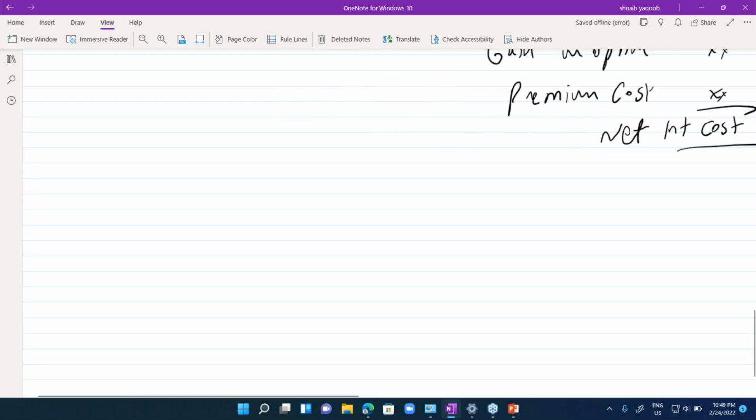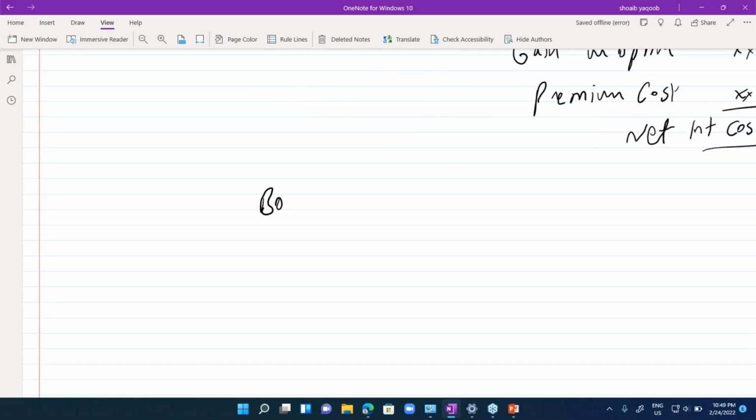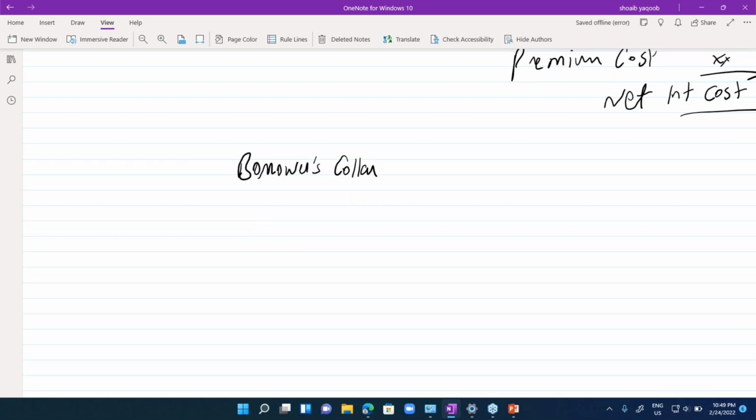Okay, guys, I'm explaining the borrower's collar. I will take a few minutes, but this is very important, borrower's collar. And this is very simple.